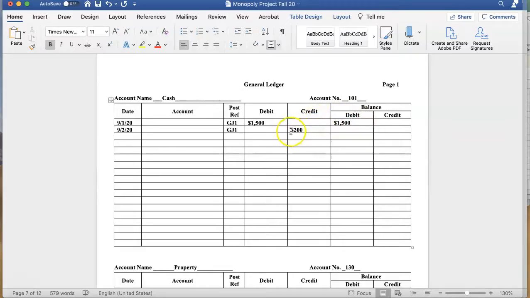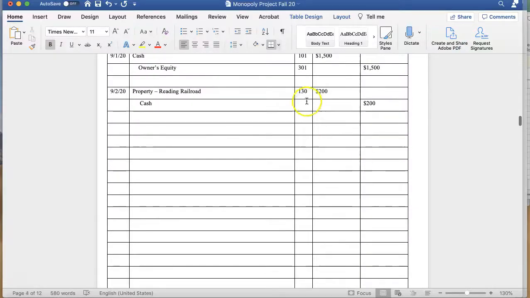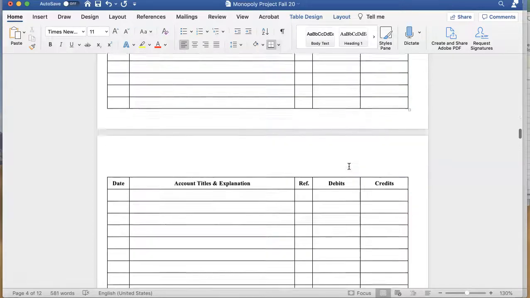So I'm going to subtract my credit from my debit balance. So $1,500 minus $200 means that my balance in my cash account is $1,300 debit. I'm going to go back to my general journal, and I'm going to put in the post reference account 101. And I've recorded that transaction now.